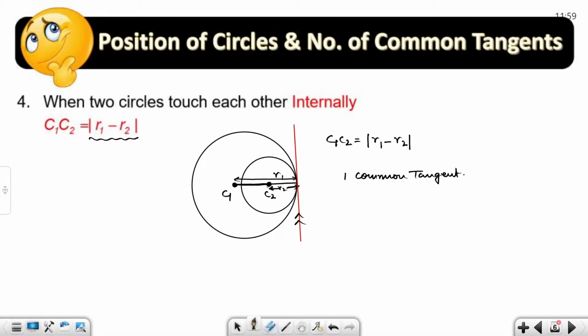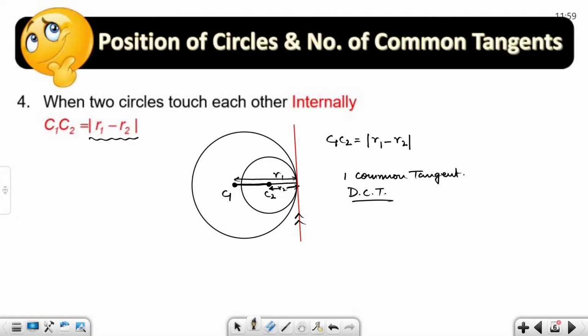Now we can easily see that both these centers are on the same side of this tangent. Hence, this common tangent is not a transverse common tangent, but it is a direct common tangent, right? Is it clear to all?